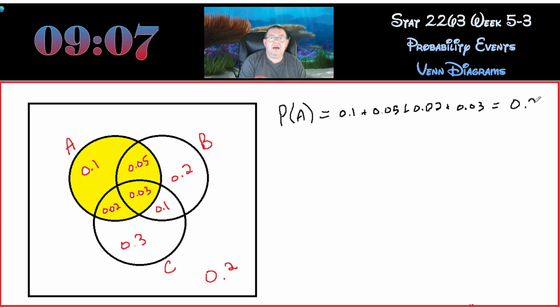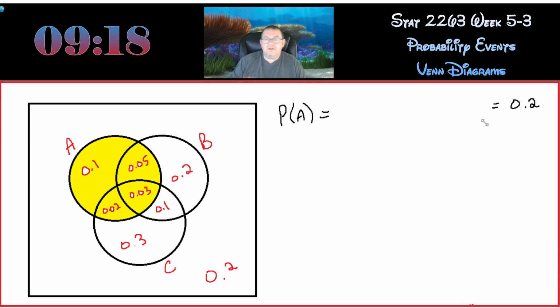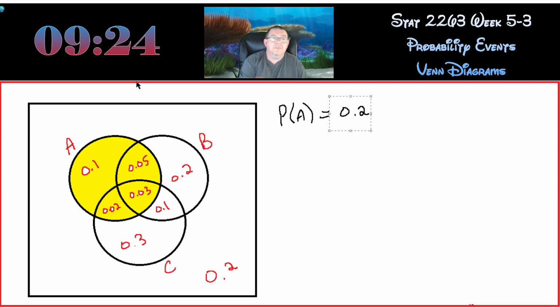And it turns out that A has a chance of 20%. Now, when you're doing a Venn diagram question, we probably don't need to show all that much detail. We could very easily have just written the 0.2 there. It's very straightforward.